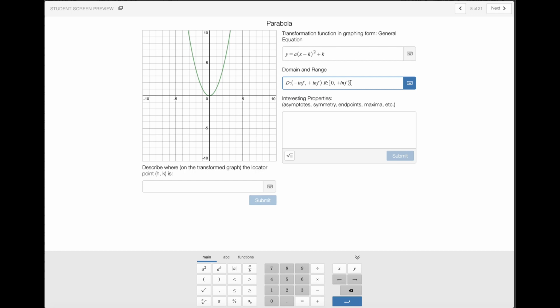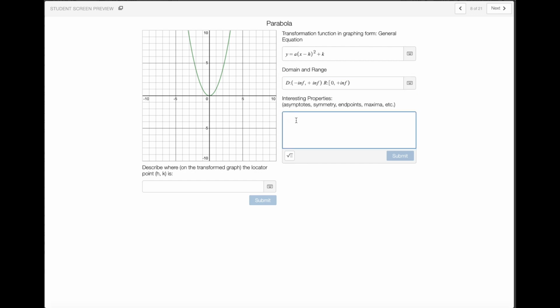If you are not familiar with the notation, it is okay. Type it all in words if that is how you know how to do it. So you can type in from negative infinity to positive infinity using your words. And the range, you can say from 0 to positive infinity. And talk about important points, which is your minimum, which is at (0, 0).